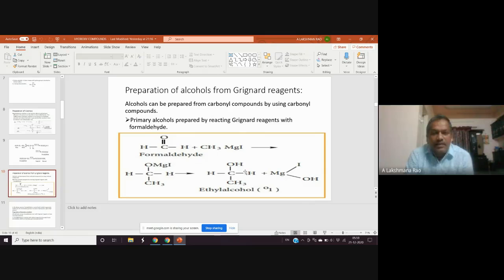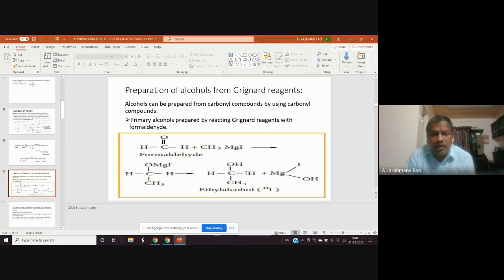Then what are Grignard reagents? Grignard reagent means alkyl magnesium halide. By using these alkyl magnesium halides, we can prepare three types of alcohols. These Grignard reagents are very important in the preparation of many types of compounds, but now we are preparing alcohols by using Grignard reagents.